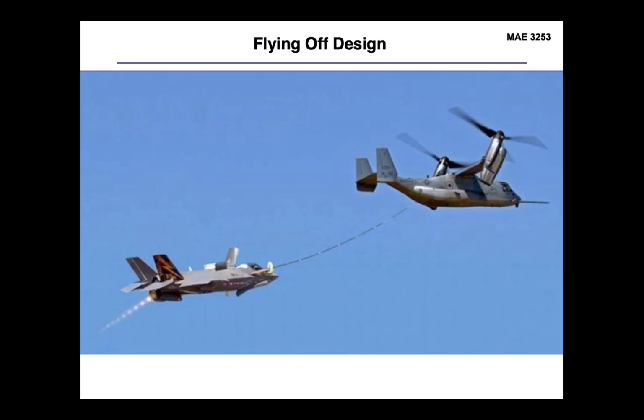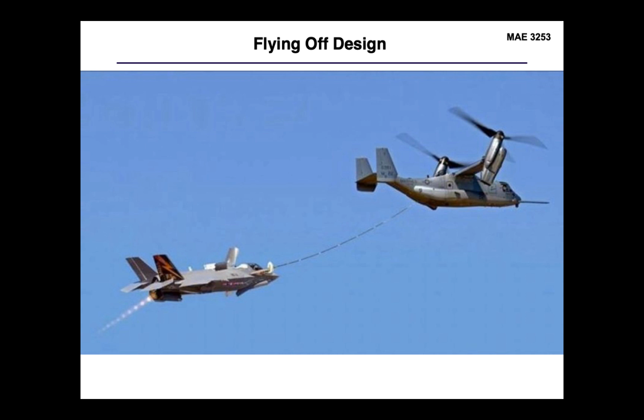Now, sometimes this will be for flying off design. So if you want to take that aircraft out of that on-design cruise portion of flight that we've designed for, but the aircraft is still going to be flying level and steady. As an example here, both the V-22 and the F-35 are obviously not flying at their on-design cruise point, but they're also flying at a constant velocity and a constant altitude.